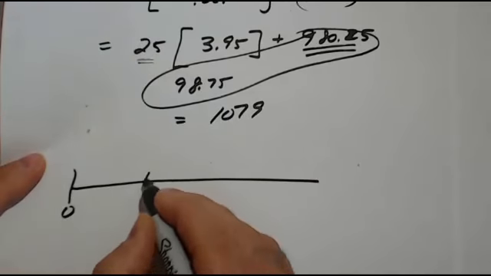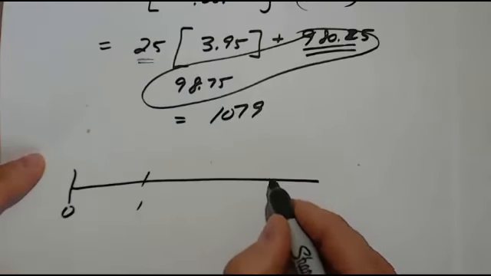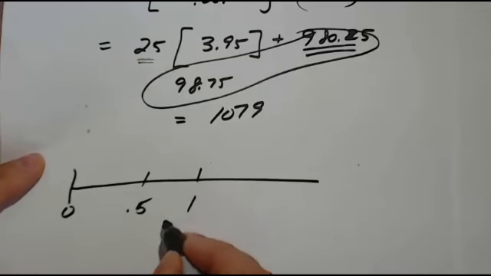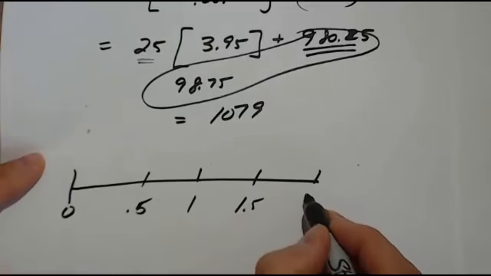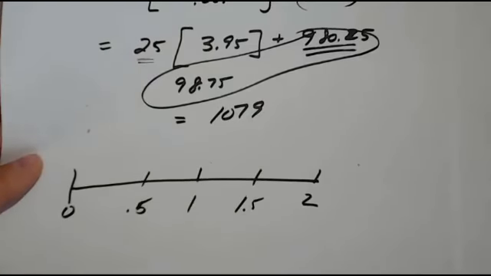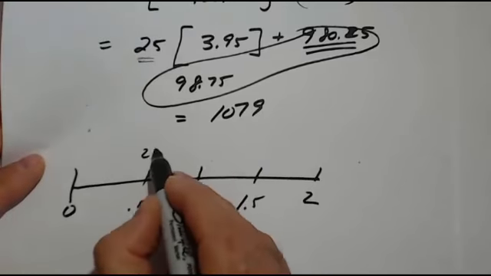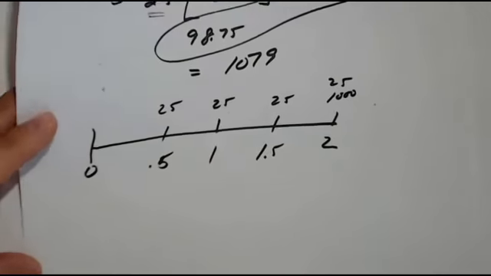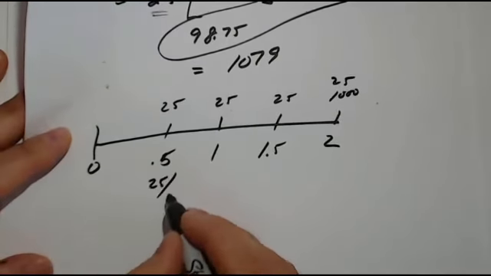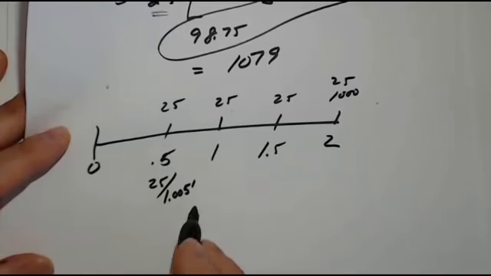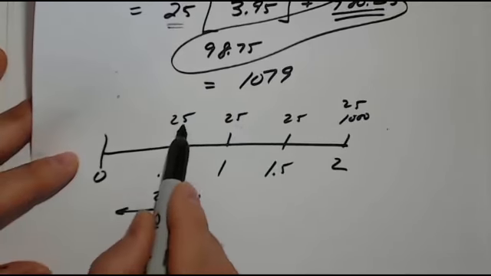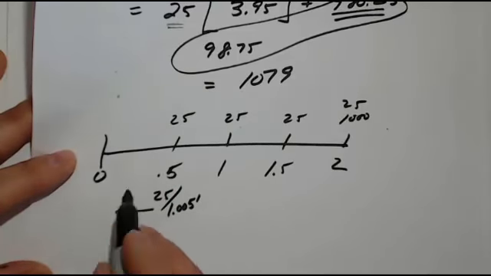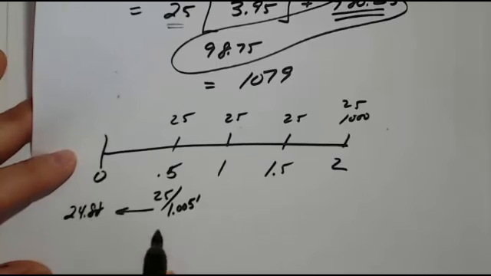This is where I said having short-term bonds comes in. I should make this 0.5, 1 year, 1.5 years, and this is the second 2-year period where it matures. So you're going to get 25, 25, 25, 25, and then $1,000. And so if we take 25 and discount it at 0.5%, the present value of $25 discounted for 6 months at 0.5% is $24.88.